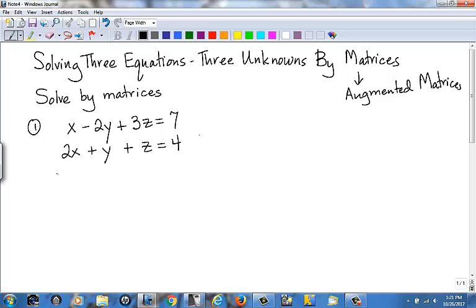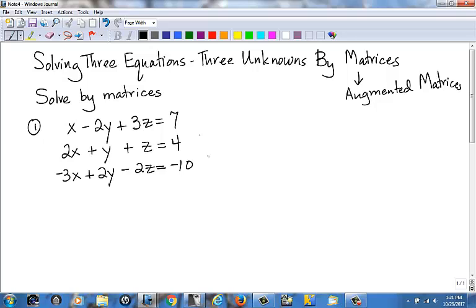Third equation is negative 3x plus 2y minus 2z equals negative 10. Okay, double check it. It's x minus 2y plus 3z equals 7. Okay, 2x plus 1y plus 1z equals 4. Negative 3x plus 2y minus 2z equals negative 10.